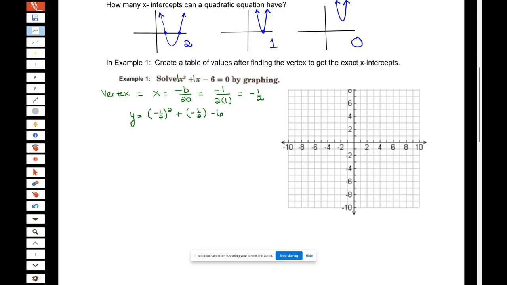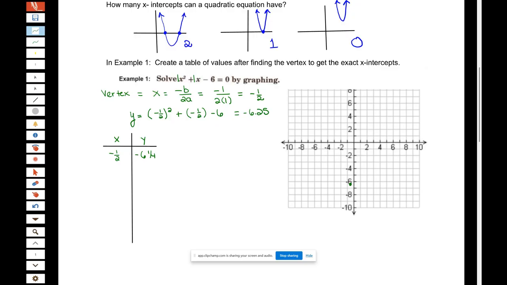If I calculate that, I get negative 6.25. So one of my points, my xy points, is going to be the vertex at negative 1/2, negative 6.25. So about right here where I've graphed it.